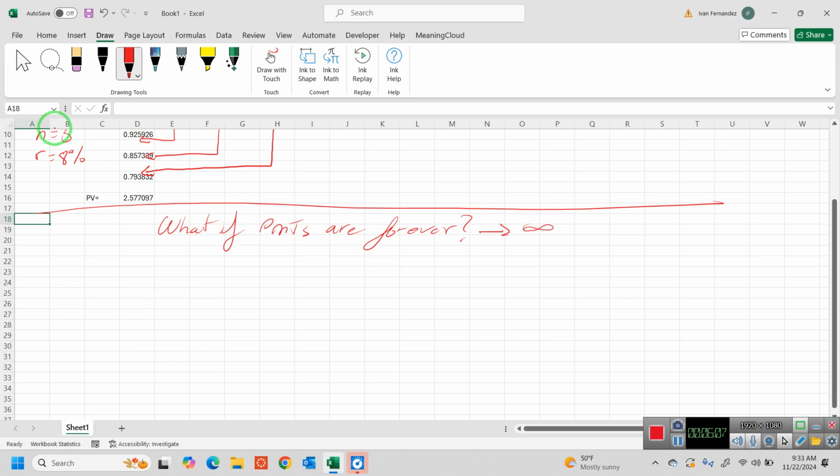Instead of payments, let's call them dividends. And the interest rate, instead of calling it R, we're going to call it RS, the required return on that particular stock. You've seen some of this. There are other parts that you haven't seen yet that you will see in the next chapter or next two chapters, so just bear with me.